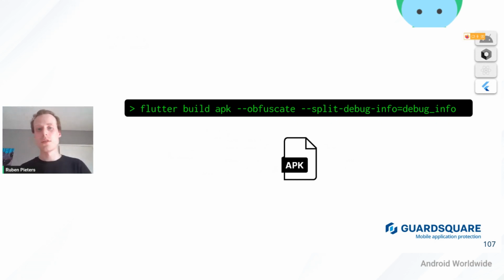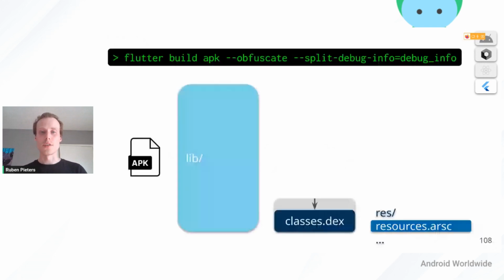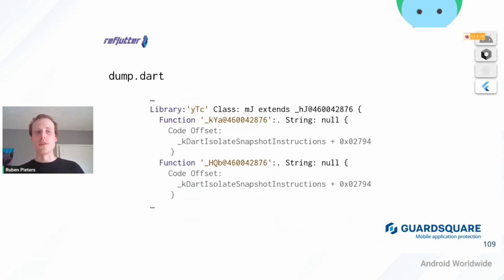It doesn't do as much optimization, it mainly does this name obfuscation. So the overview of the application doesn't really change that much. But when we look at the dump.dart file, we'll see that a lot of the identifiers have become a lot shorter, and now we can't find the increment coffees function by name.